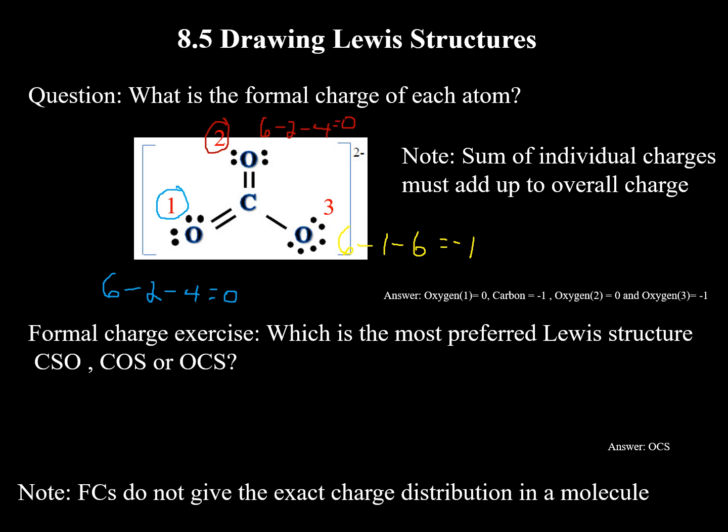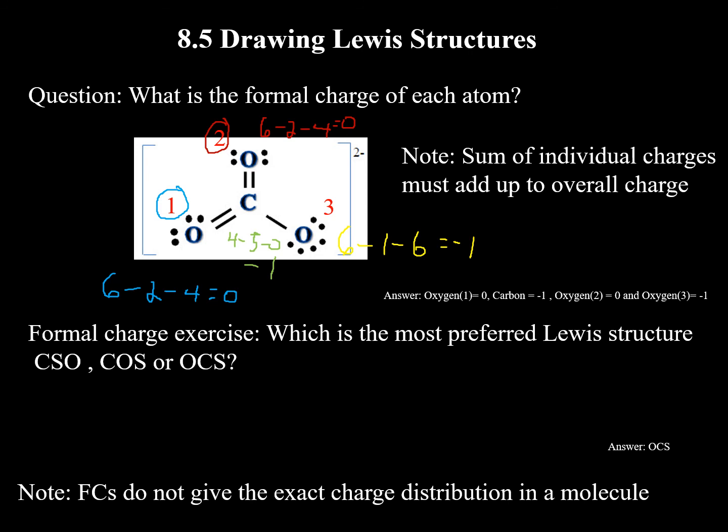And the carbon in the middle is 4 minus 5 minus 0, which is -1. So two things to point out. First, again, this is not the correct Lewis structure because the carbon in the middle has 10 valence electrons, and we want 8 for most elements.